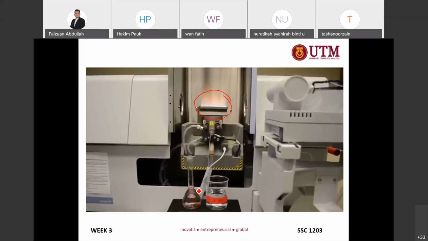This is the sample, and normally we have distilled water. What is the function of the distilled water in the instrument? It is to clean the tube, the pump, and so on. After we pump the sample inside, we need to pump distilled water to clean everything, right?